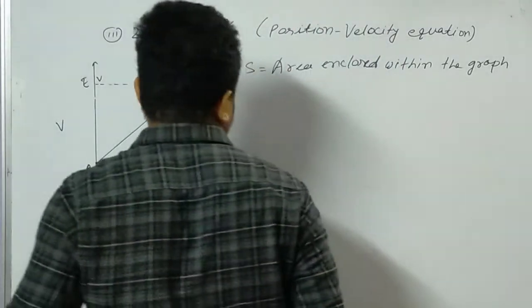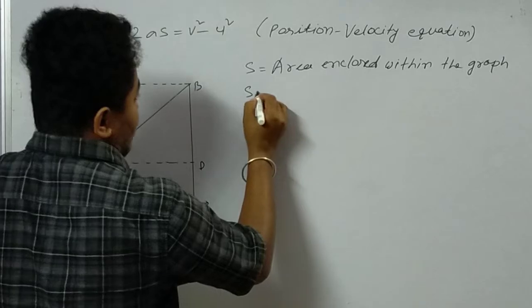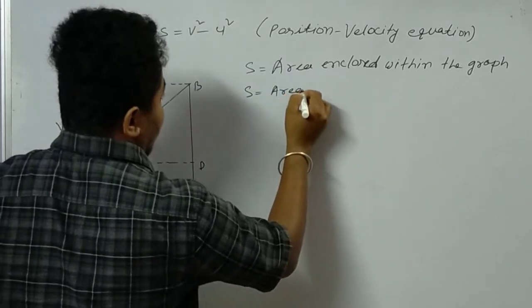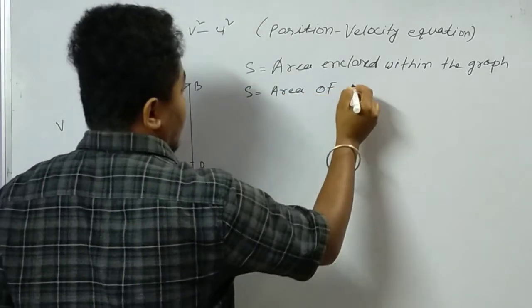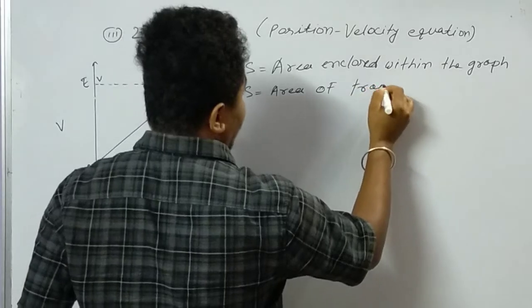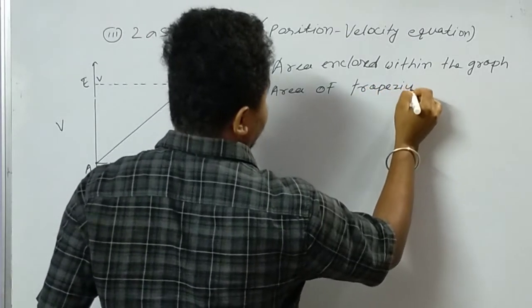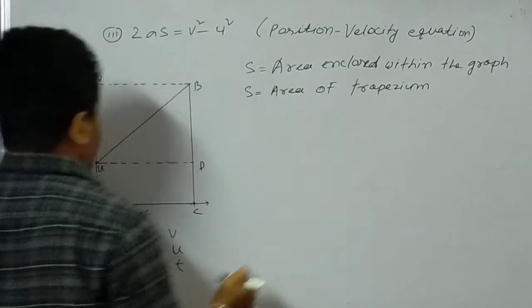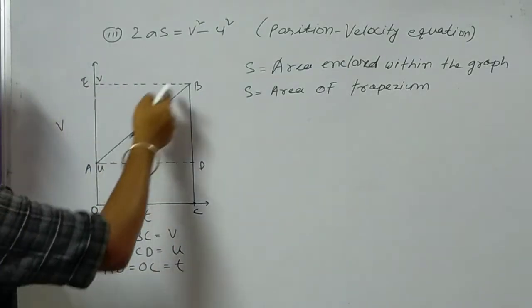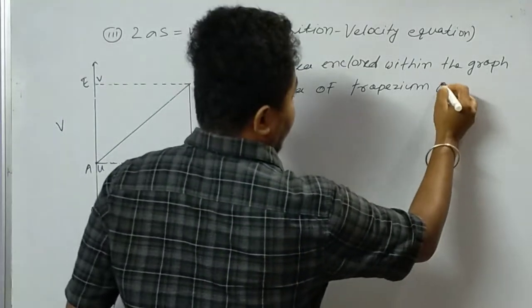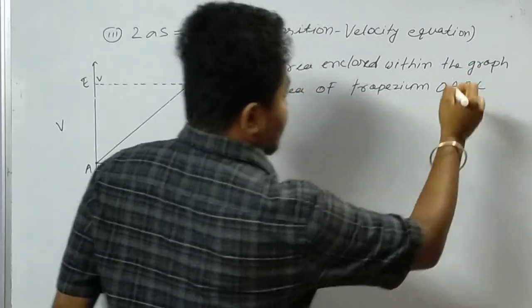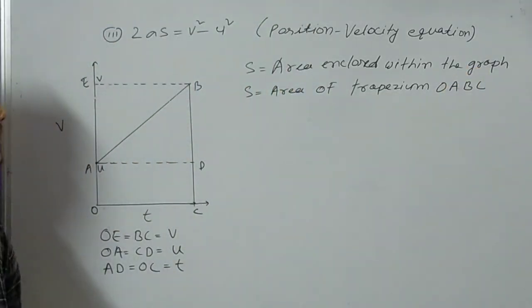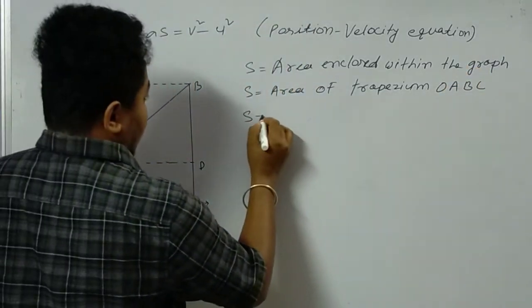So if I write that S is equal to the area of trapezium, which trapezium? OABC is the trapezium.